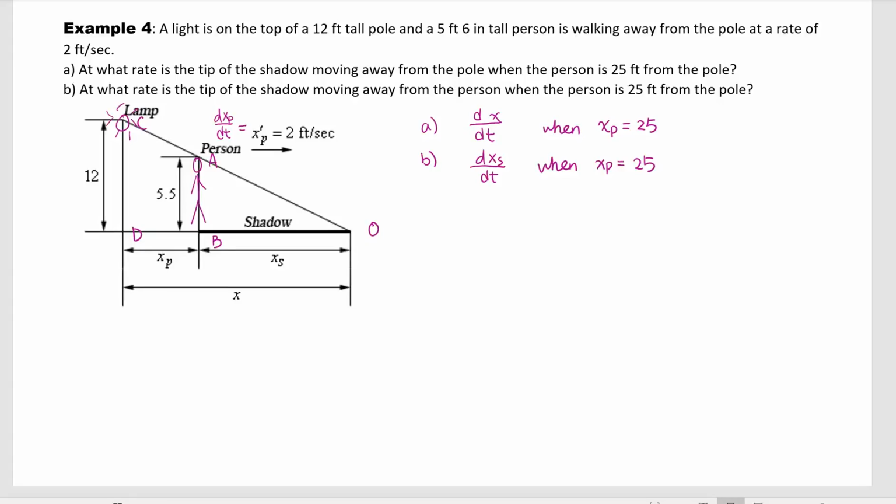We can see those two triangles are both right triangles. So triangle OAB is similar to triangle OCD. Do you remember what is special about similar triangles? The corresponding sides have the same ratio.